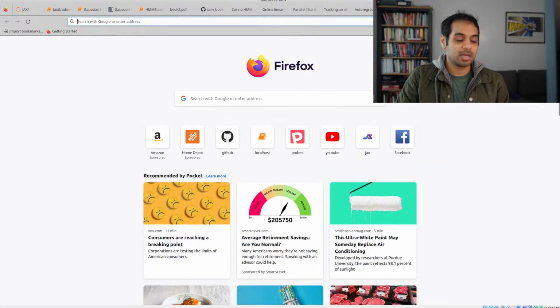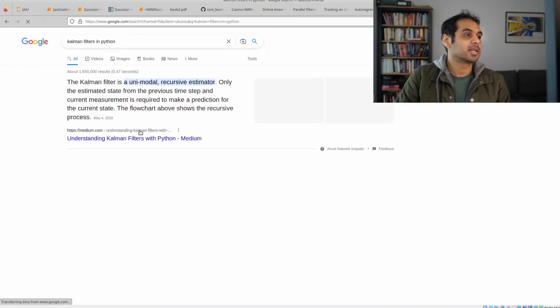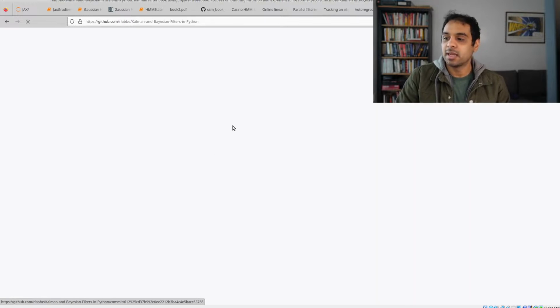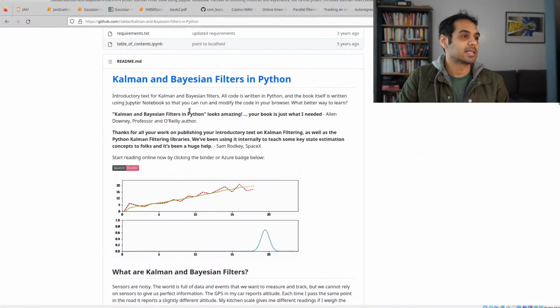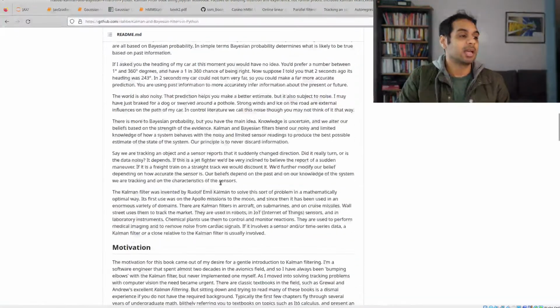I'm also going to be referring to this other book, Kalman and Bayesian filters in Python. This is also another fantastic textbook. As we're going through Kalman filters, you will find me referring to this a lot.